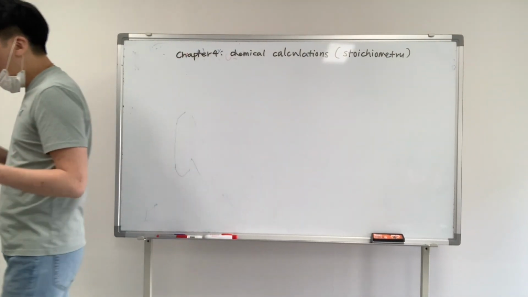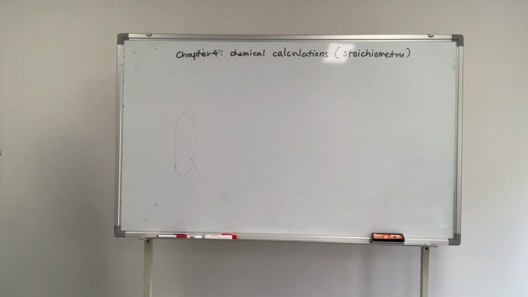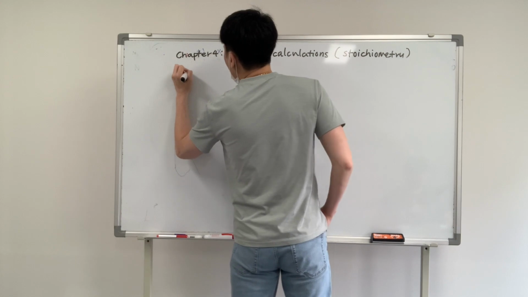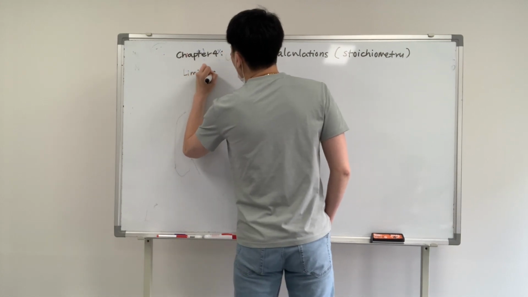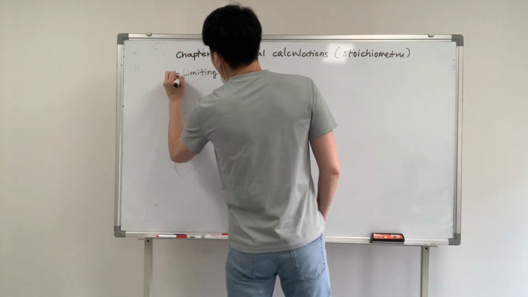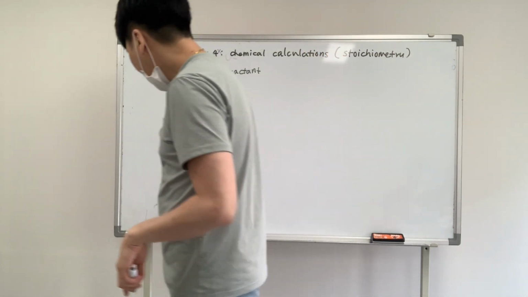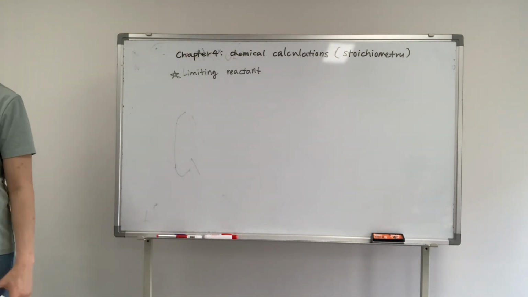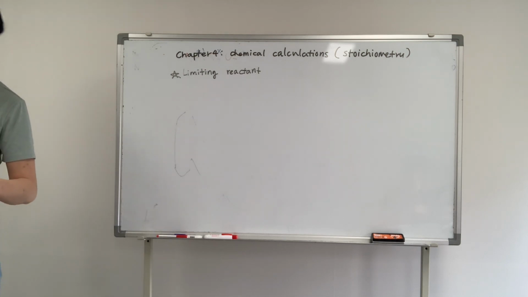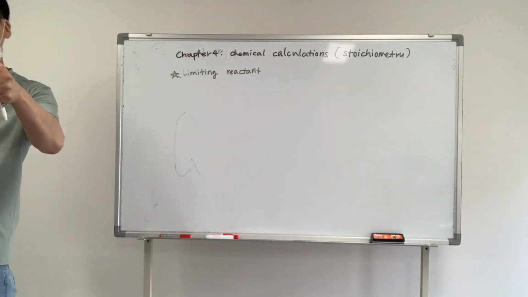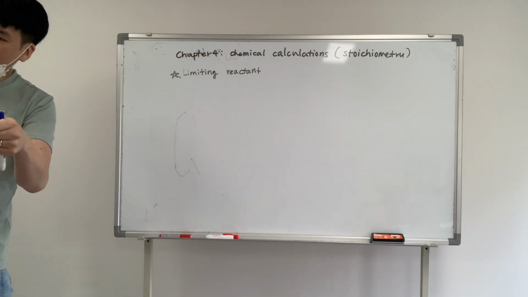Now, given that we finished the basics of stoichiometry, we're going to move on to something called limiting reactant. So how about this? When you mix yellow with blue, what color do you get? Green, right? But what if I have this amount of blue and this amount of yellow?